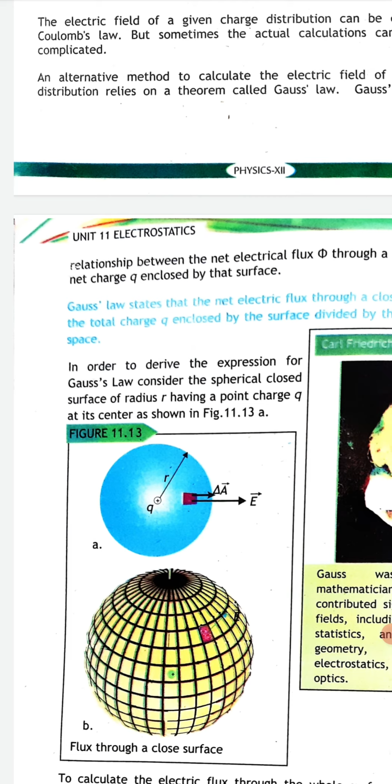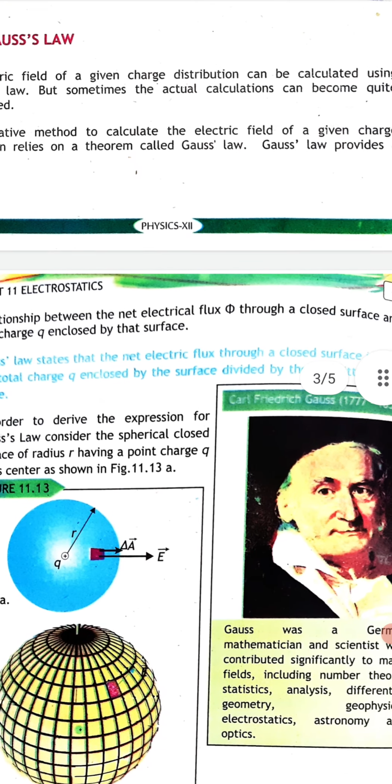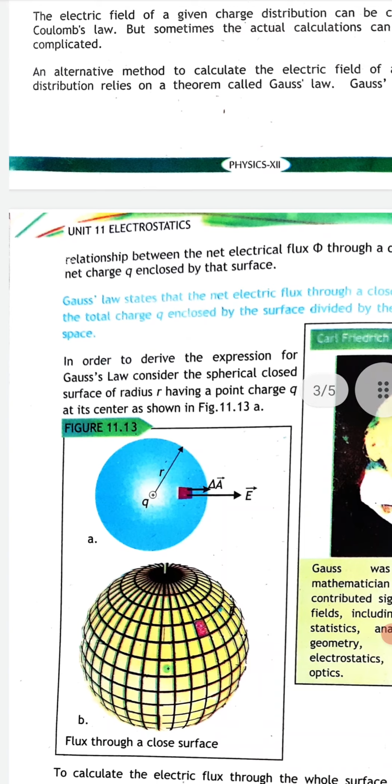In simple words, Gauss law relates the electric flux through the closed surface to the amount of charge enclosed by the closed surface. Mathematically, the electric flux through the closed surface is equal to the amount of charge enclosed by the surface divided by the permittivity of free space. So this is what we call Gauss's law.